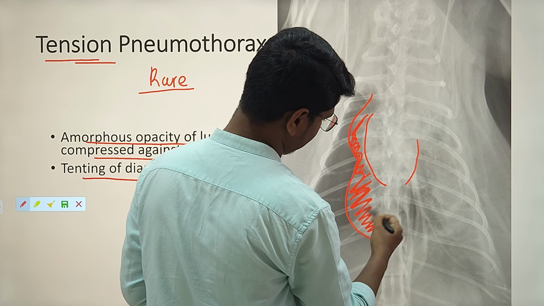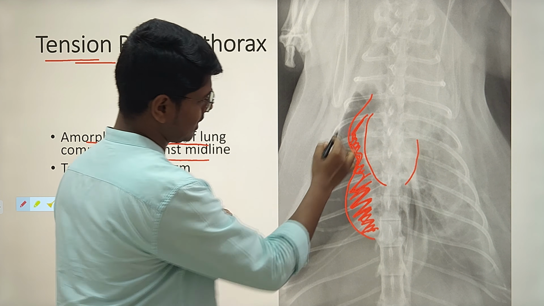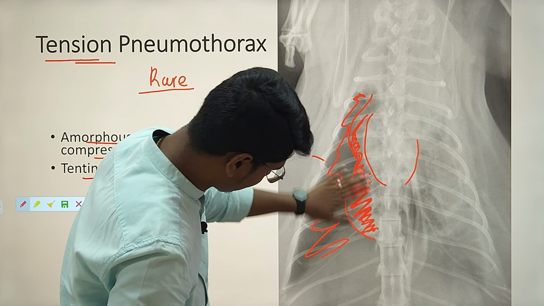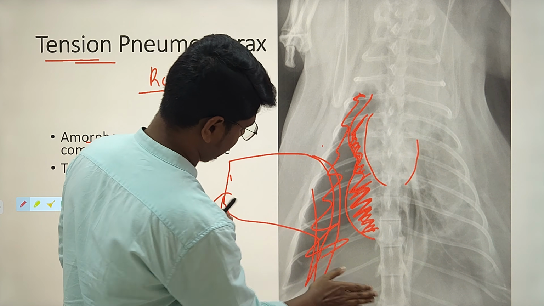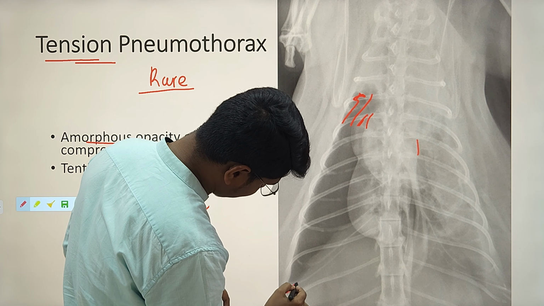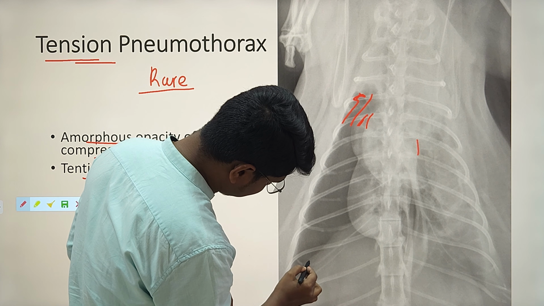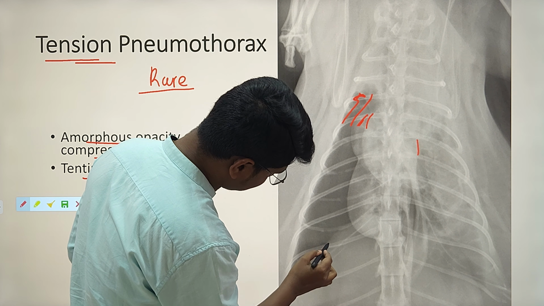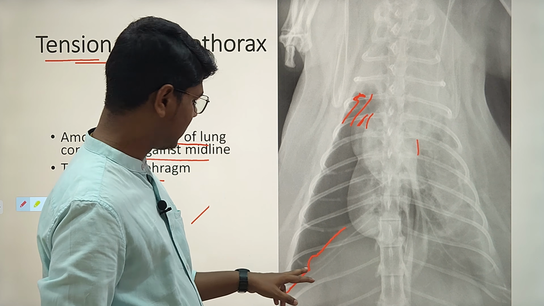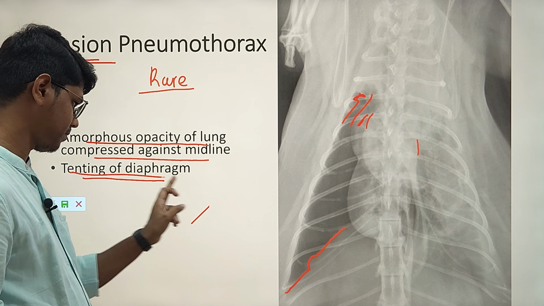This is the atelectatic lung, and the rest is air. Notice the diaphragm. Here is the diaphragm. Can you see a bulge here? Then the diaphragm continues. So this bulge is tenting of the diaphragm.